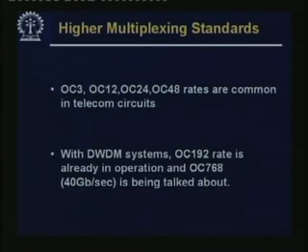Another disadvantage earlier was that this hierarchy of standard rates did not exist beyond a very small rate, small of course in today's comparison. Now we have an extended and open system where, as technology improves, we can always go for higher and higher rates. From OC3, which is 155 Mbps, we can go to OC192, which is 10 Gbps, or OC768, which is 40 Gbps.